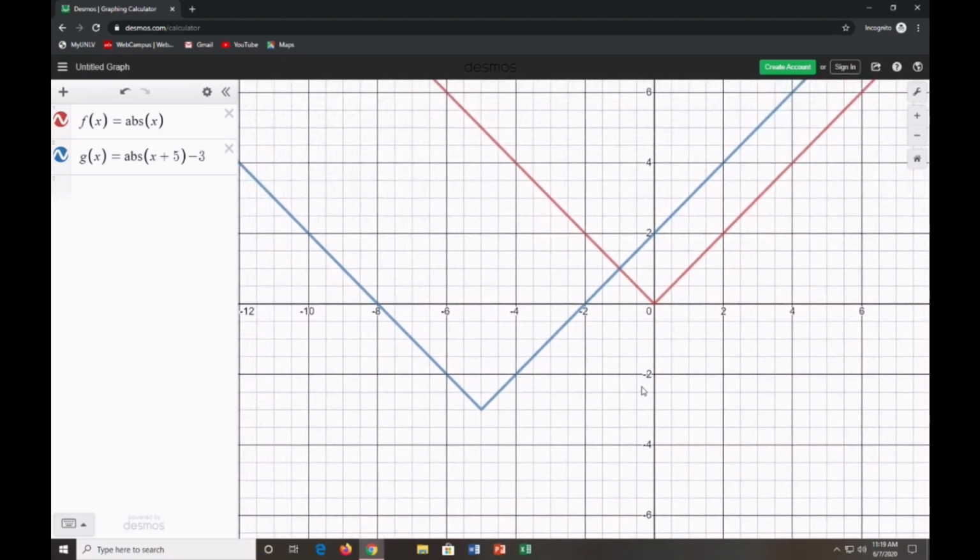So you can clearly see how the transformation has occurred. Take a look at this vertex, because along with the vertex, everything else has been moved, right? So this vertex was at 0, 0. That's for the f of x equals absolute value of x function. And then the blue one is the transformation. So we have 5 units movement to the left, right? Minus 2, minus 4. And this middle line is minus 5, so right there. And then a 3 unit drop. So this is negative 2, and then negative 3 is in between negative 2 and negative 4, right there.